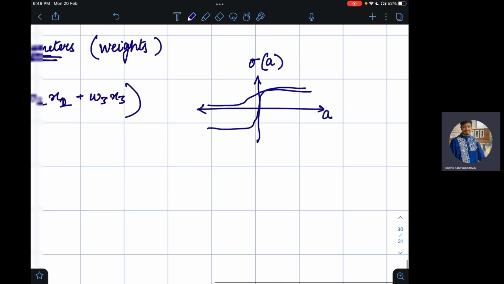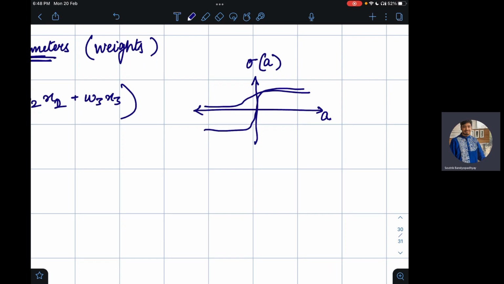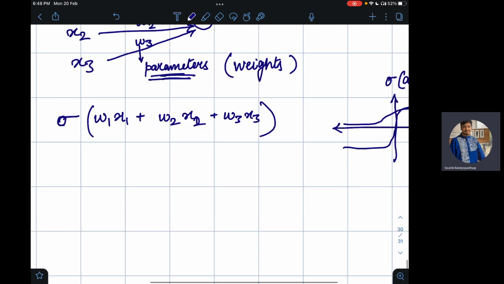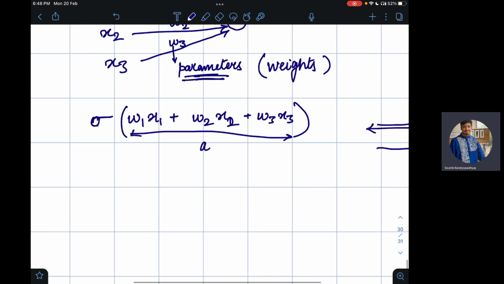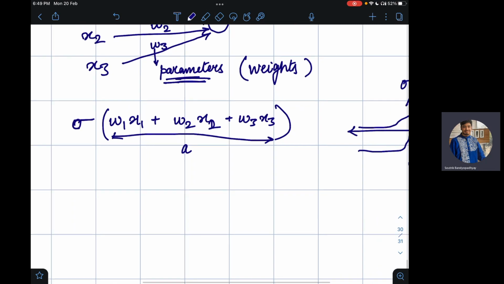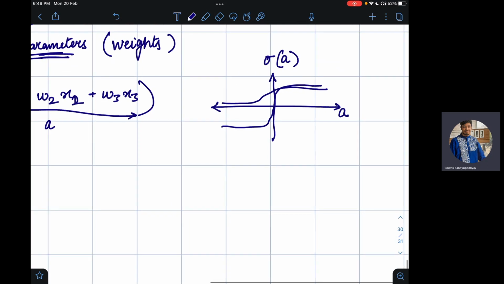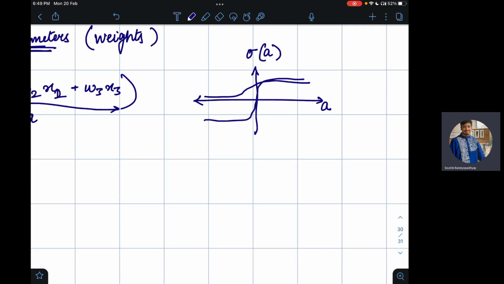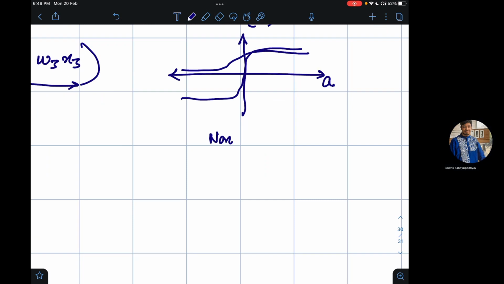These are various functions used in the neural network literature, which take the real number output A, the multiplication and addition of this entire thing, and pass it through an activation function, which squishes it down to some manageable range, let's say from -1 to 1 or 0 to 1 or something else. Right? There are many other kinds of activation functions. I'm speaking in very loose terms that this activation function is simply a nonlinear function.